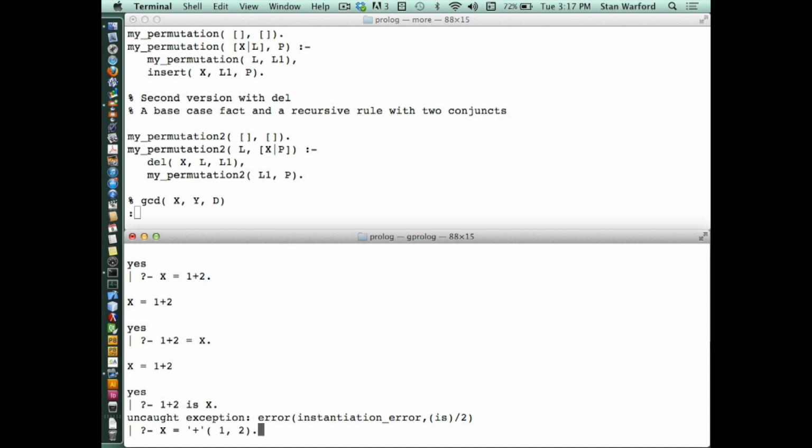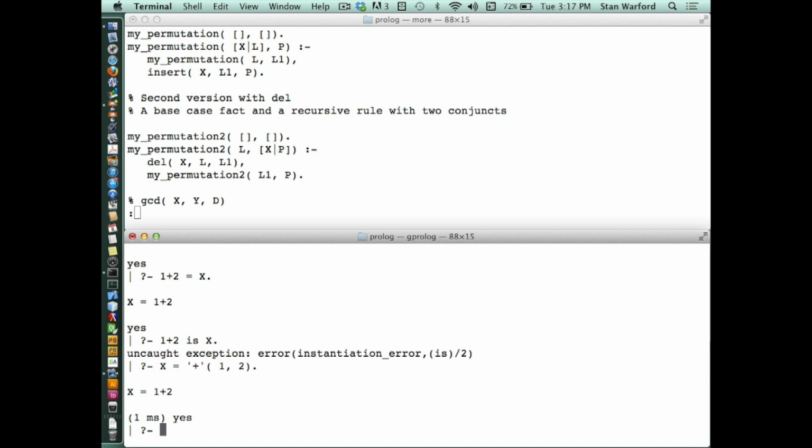Are you with me? So what's it going to be? No, this is not is. Yeah, 1 plus 2. See, the 1 plus 2 with the plus in the middle is actually a syntactic abbreviation for the plus functor. Do you see what I mean? Is everybody good on this? Does everybody see the difference here?